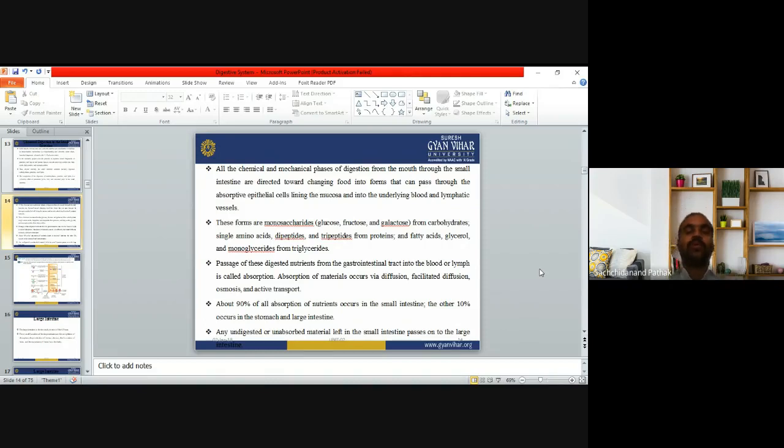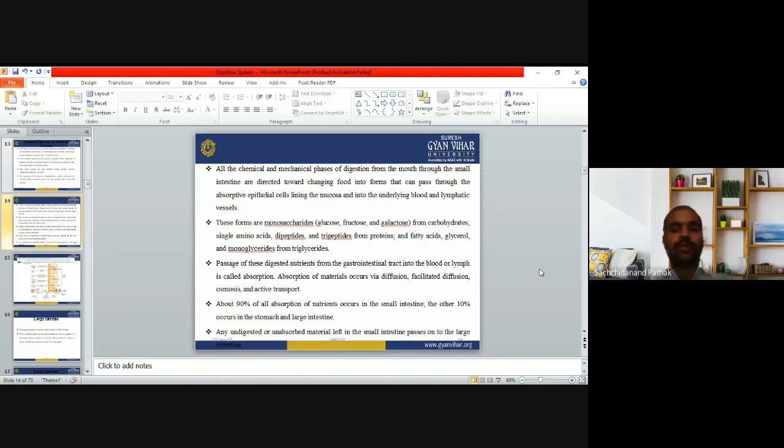These forms are the monosaccharides like glucose, fructose, galactose from carbohydrates, single amino acids, dipeptides and tripeptides from proteins, and fatty acids, glycerol and monoglycerides from triglycerides. Passage of these digested nutrients from the GIT into the blood or lymph is called absorption.